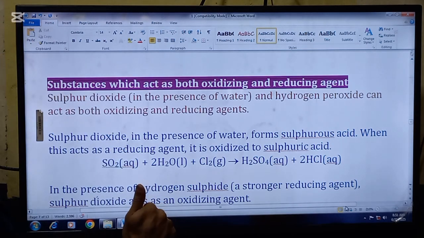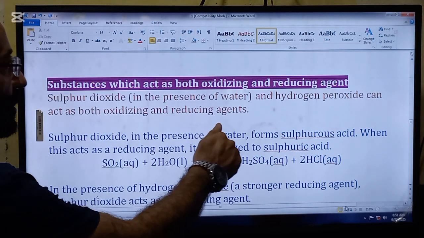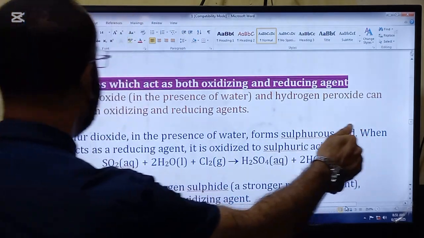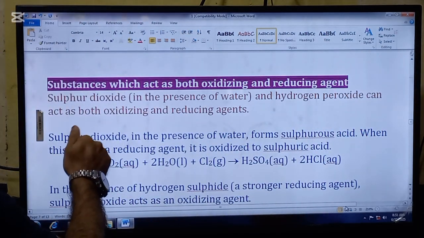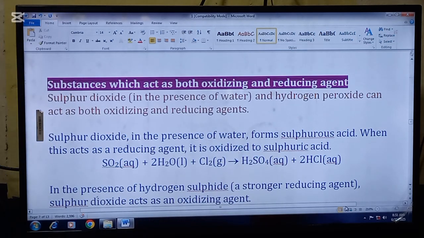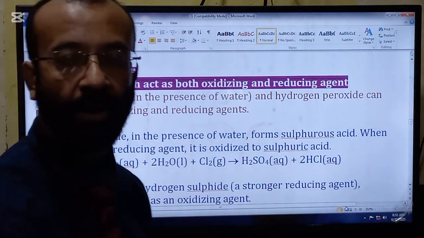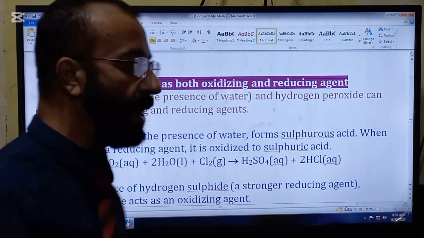The first substance which we are going to read is sulfur dioxide. In the presence of water, sulfur dioxide and hydrogen peroxide can act as both oxidizing and reducing agents. So here are some equations that will show how it acts as an oxidizing as well as a reducing agent.